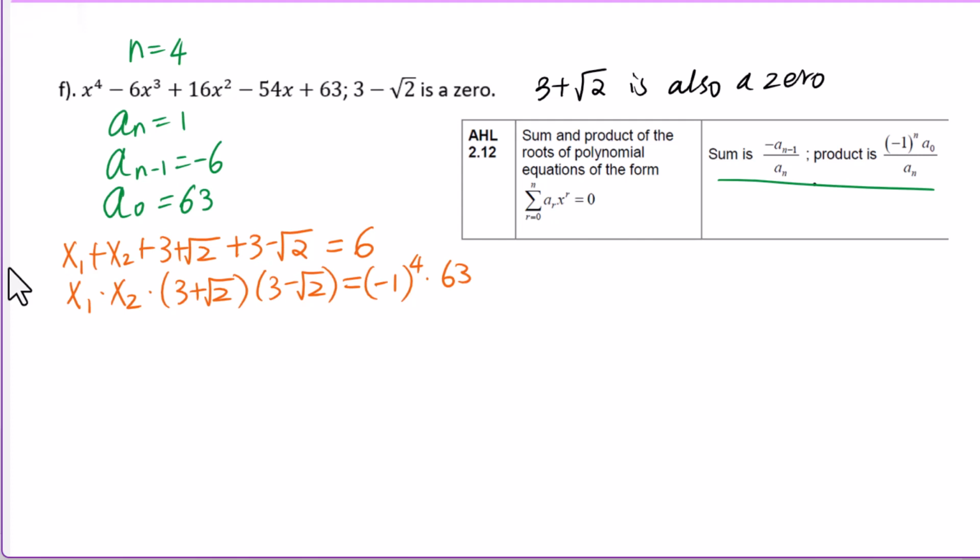It's 63. Then we need to simplify. Cancel. We got x1 plus x2 equals 0.